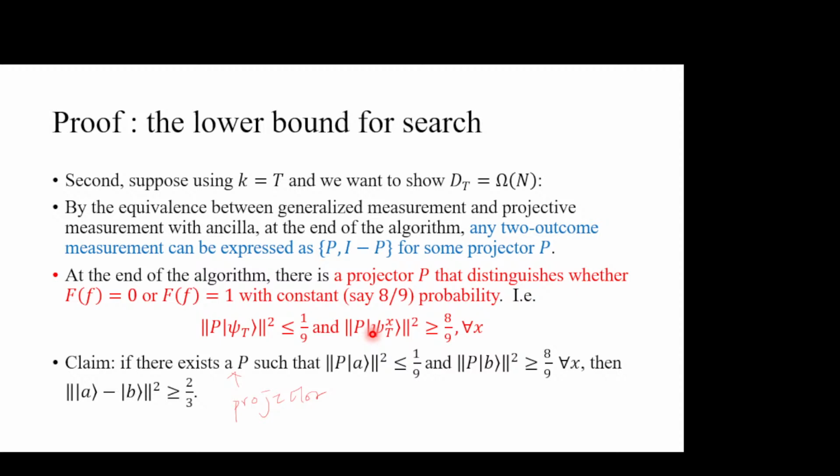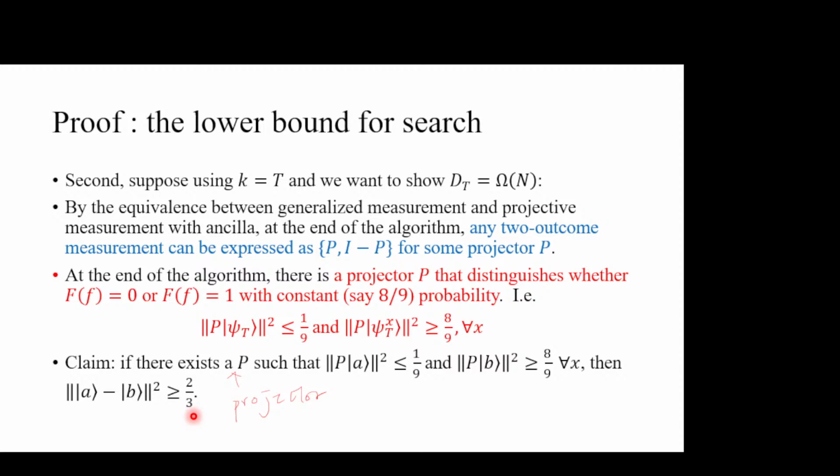So if one state is accepted with probability less than 1/9, and another is accepted with probability greater than 8/9, then the states must be pretty far away. So the distance squared must be greater or equal to 2/3.